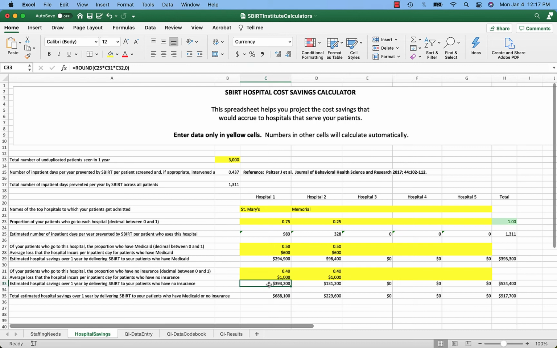So now row 33 shows the savings for all uninsured patients at each hospital, and row 35 shows the estimated savings for each hospital. It's pretty clear that hospitals that serve your patients would be wise to consider investing in your SBIRT program. That's how the hospital savings worksheet works.